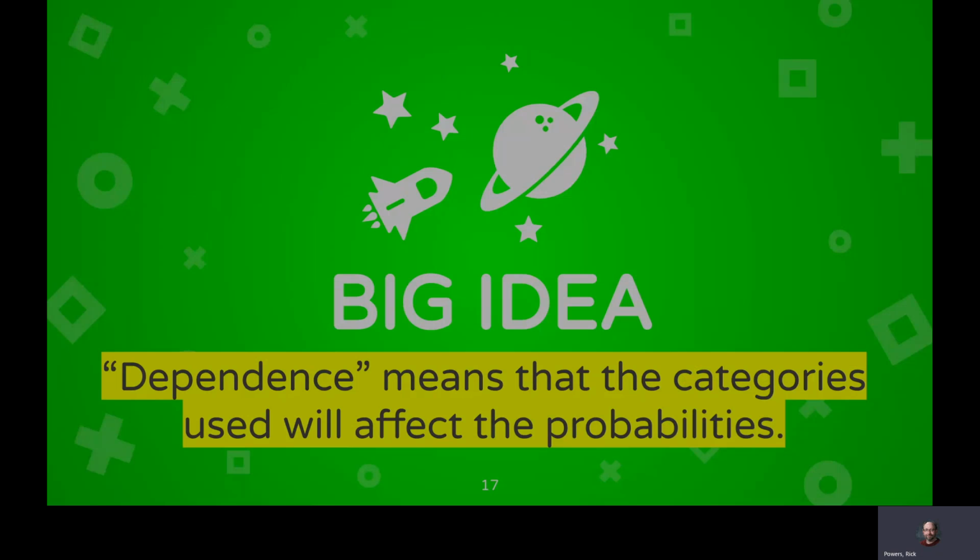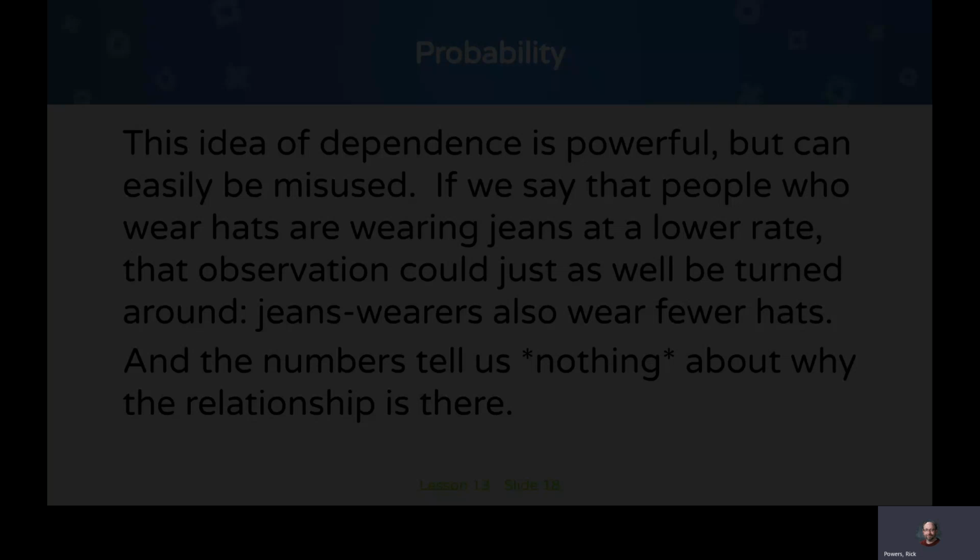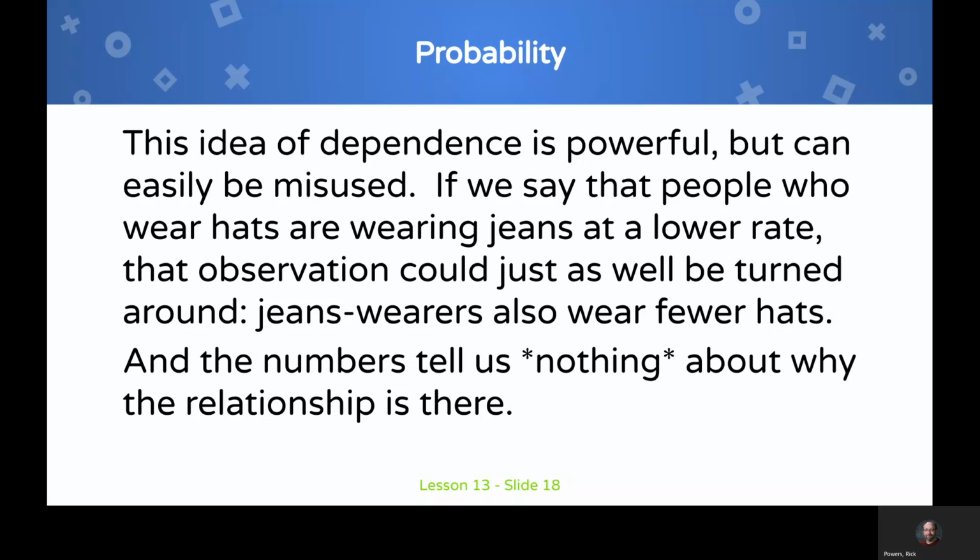This idea of dependence is powerful, but it can easily be misused. If we say that people who wear hats are wearing jeans at a lower rate, that observation could just as well be turned around. Jeans wearers also wear fewer hats. And the numbers tell us nothing about why the relationship is there.